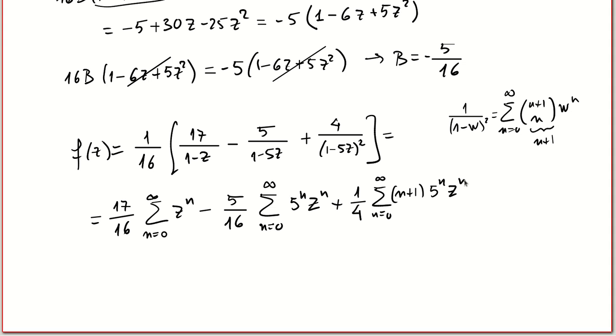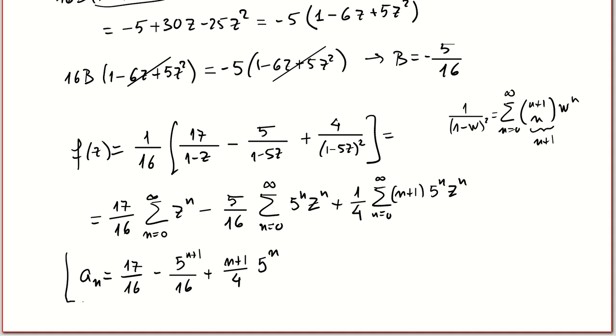All right, so a_n is just 17 over 16 minus 5 over 16 times 5 to the n, because I'm multiplying 5 by 5 to the n, right? Plus n plus 1 over 4 times 5 to the n.